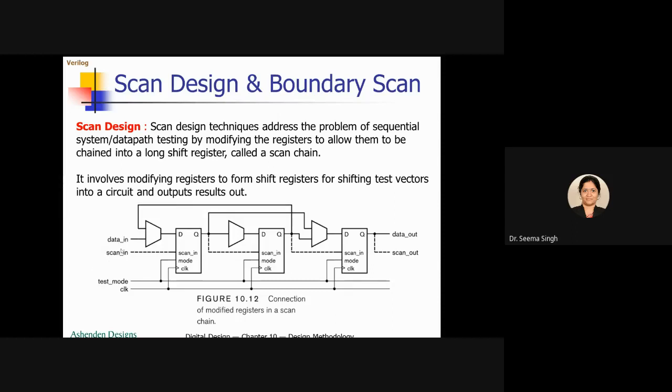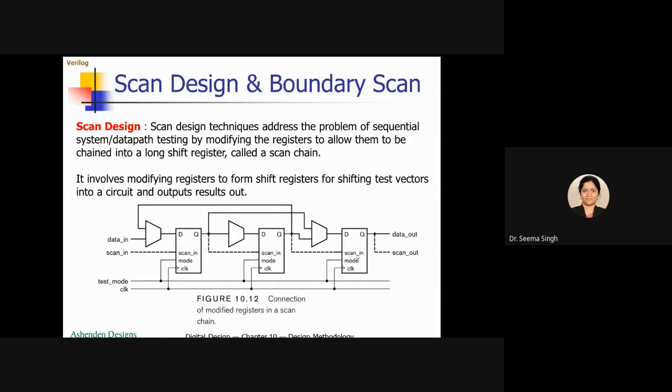So what happens if you make test mode high? It makes a chain of shift registers. Whatever data you enter here will be available at Q, and whatever is at Q will be available at the scan in of the next one. So you can see when the test mode is equal to 1, a chain is established: scan in from here to Q, to scan in here, to Q, to scan in here, to scan out here.